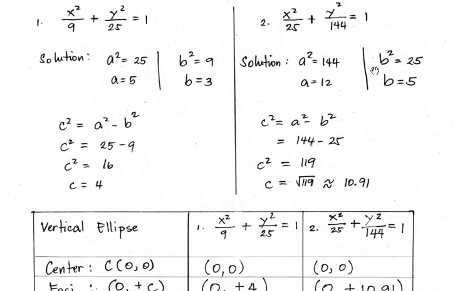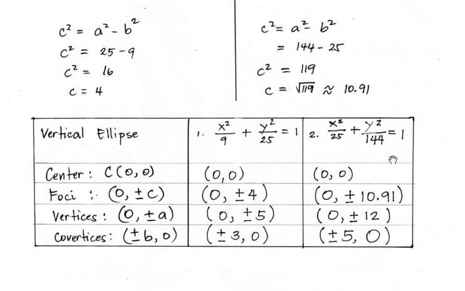And what is left is b squared equals 25. B is 5. C squared equals a squared minus b squared. So that's 144 minus 25. That's 119 for c squared, giving us c equals square root of 119, or approximately 10.91.